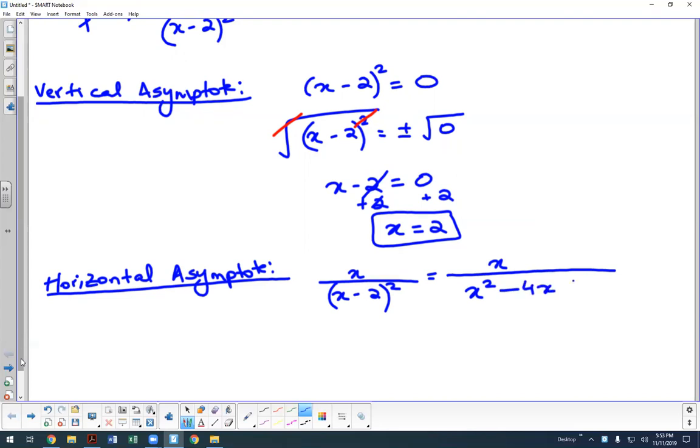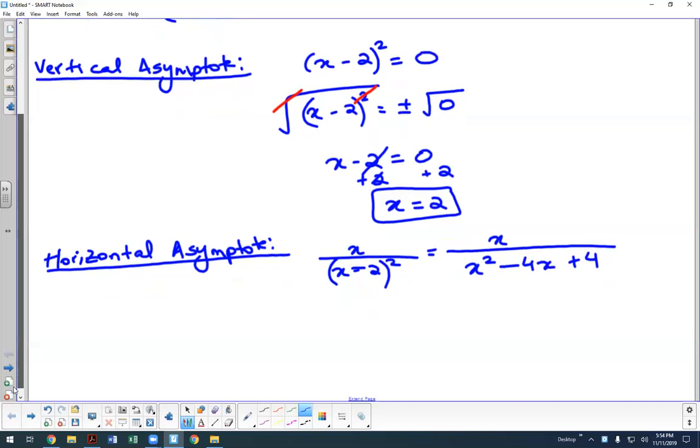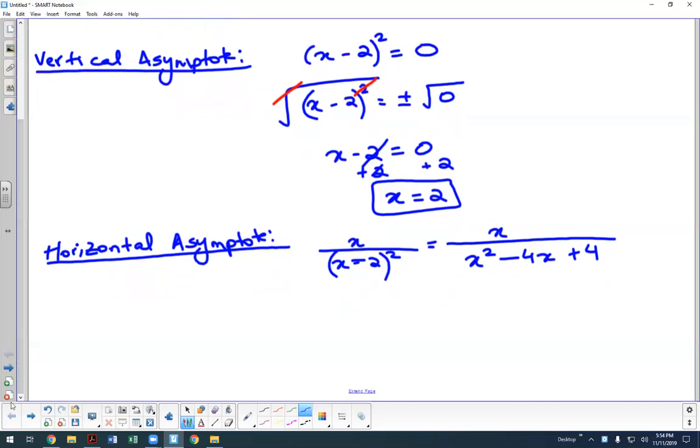Negative 2 times negative 2 will make it positive 4. So go ahead and FOIL your denominator if that helps. And then remember what we talked about when you're trying to find your horizontal asymptotes. You take the largest degree of your x value and divide each term by that highest degree. So in this case, of course, our x squared is the highest degree.